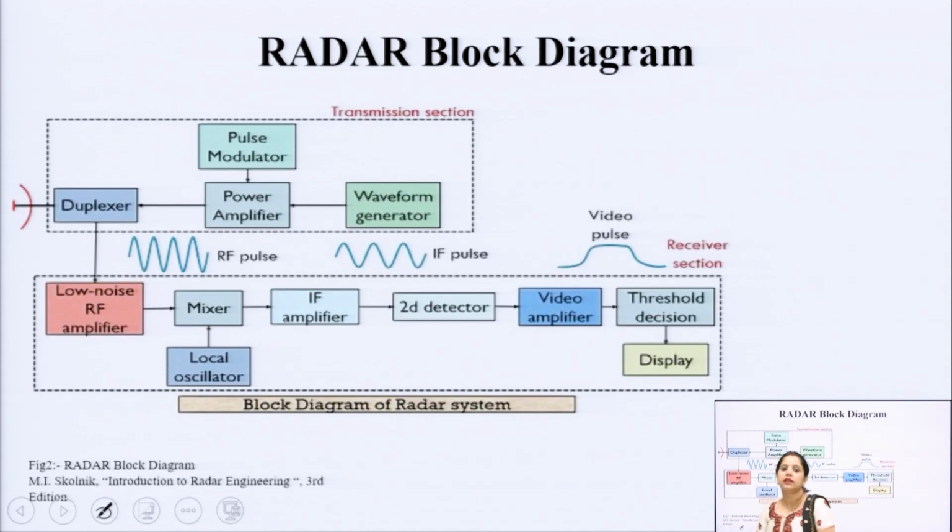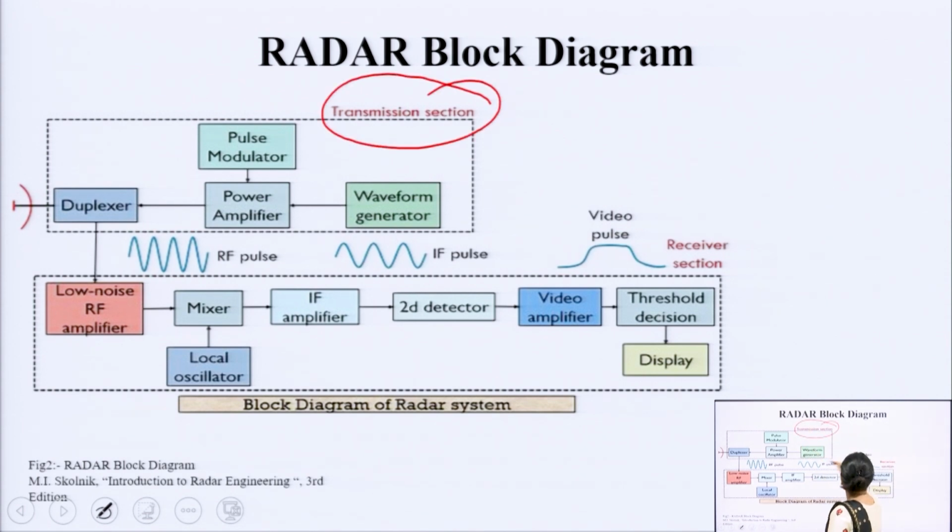Now comes the radar block diagram. By now you are already aware that our radar system consists of a transmitter section and a receiver section, so this block diagram is divided into a transmission section and a receiver section.